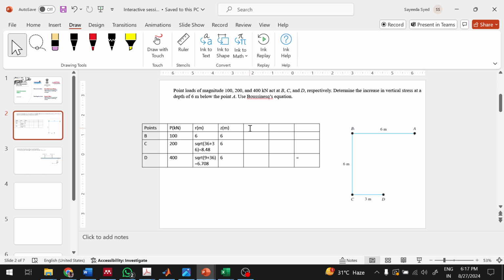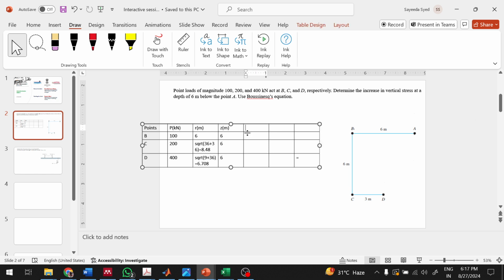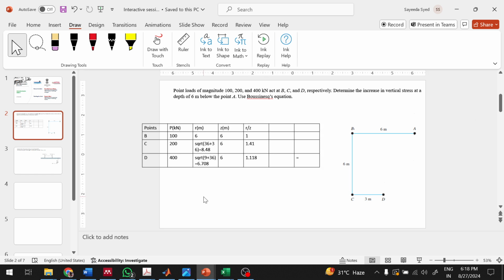Now we can calculate R by Z. This will be 1, this will be 1.41, this will be 1.118. So if you look at the Boussinesq equation, let me write it down here.